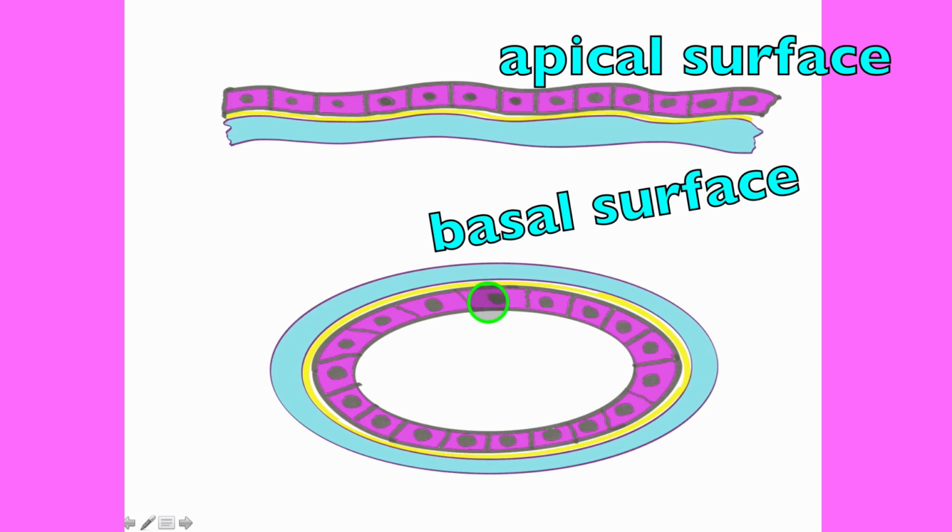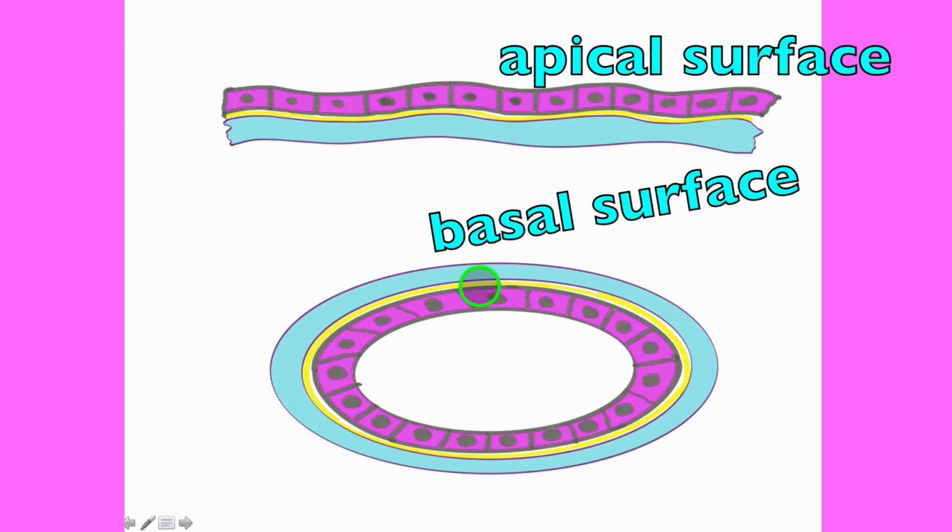But here, because this is creating a tube, this surface right here is still the apical surface, and this is the basal surface. Apical surface, basal surface, basement membrane. So the basement membrane, as we see here, is below the epithelial tissue.